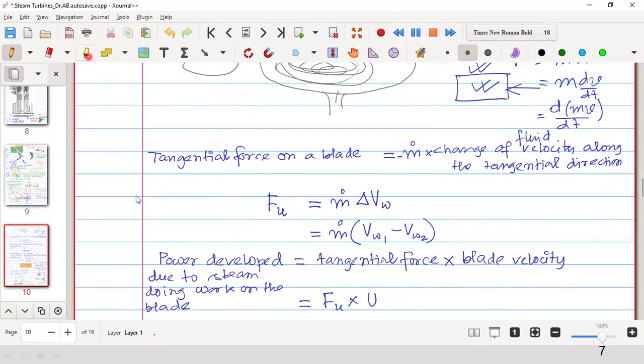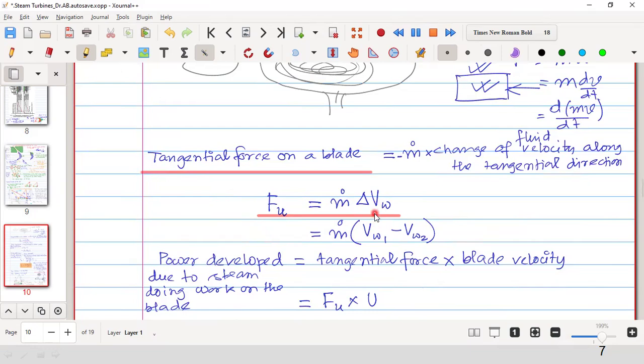Fu is equal to m dot into delta V W, the change in velocity multiplied by m dot.